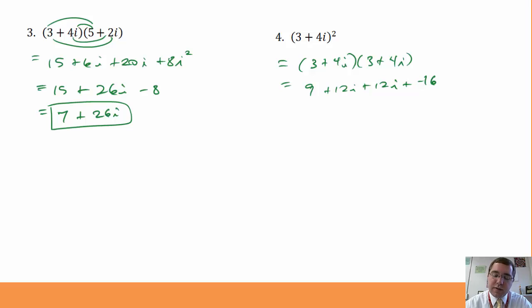Four squared times i squared, and i squared is -1. So 9 minus 16, -7. 12i plus 12i, 24i. So -7 plus 24i.